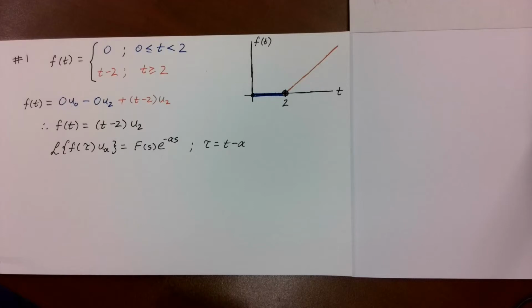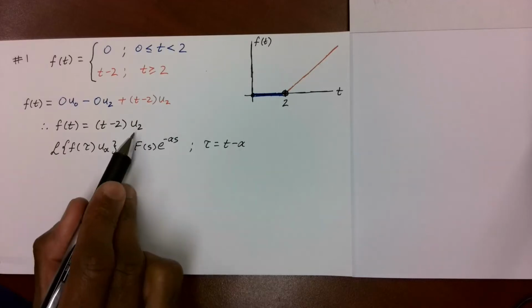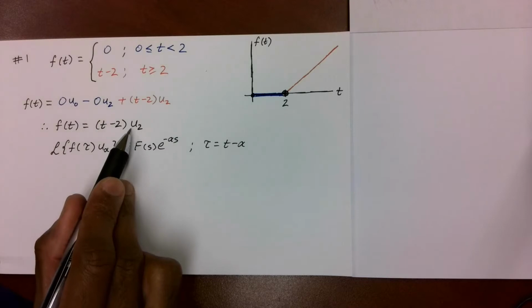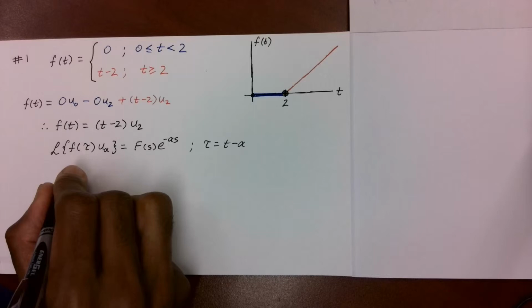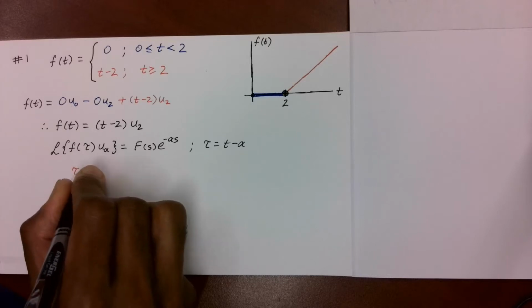So in our case, alpha is 2 because we have a unit step function u2. And therefore we are going to make a substitution that tau is t minus 2.